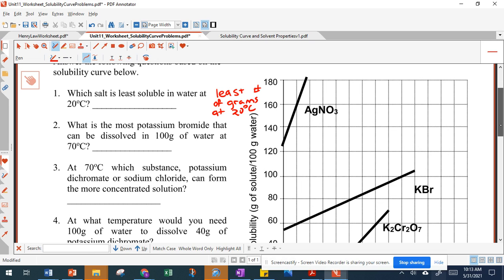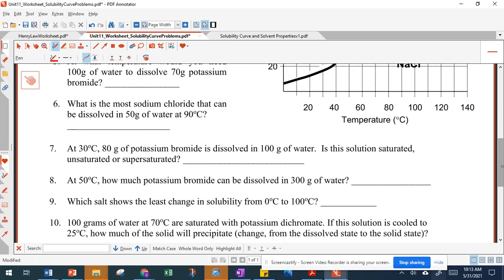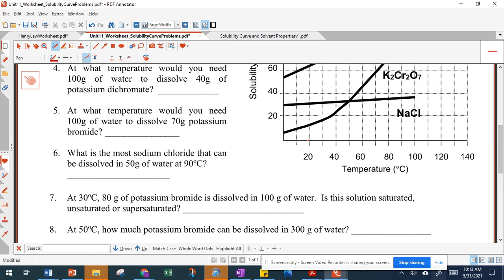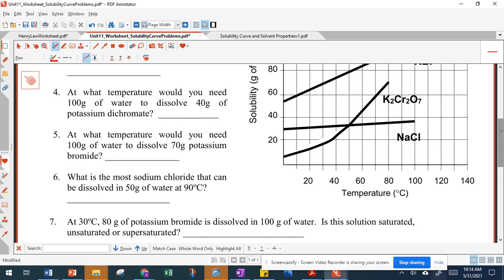So for that, you would look at your graph, go up, and compare at the same temperature which solute has the fewest number of grams. And we're talking about these curves at 20 degrees.